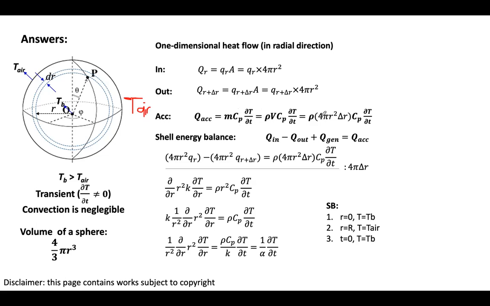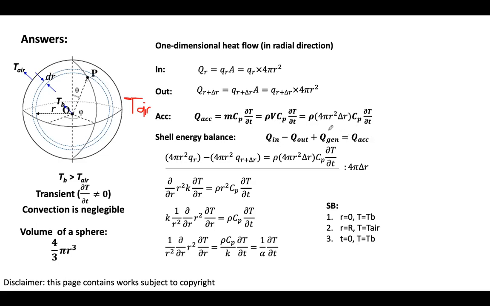So you can substitute over here, and then you put the volume of the shell. How do you write the volume of the shell? It is 4 pi r squared multiplied with the thickness, delta r.